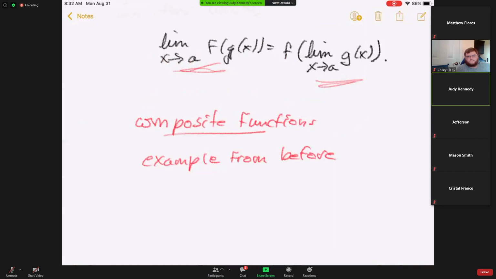We took a function between -1 and +1, and we were worried about the limit as x approaches a of the square root of 1 minus x squared. And we just took the limit inside the square root, right? This is actually an application of that theorem.